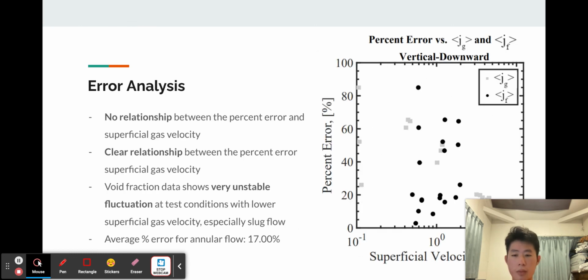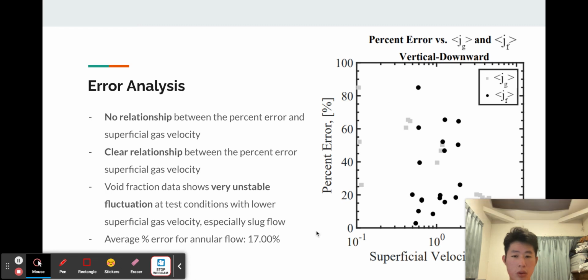For the error analysis, there's not really a clear relationship between the percent error and the superficial gas velocity, shown by this large dispersion of the black points here. But the void fraction data shows a very clear relationship between the percent error and superficial gas velocity, depicted by this clear inverse relationship.